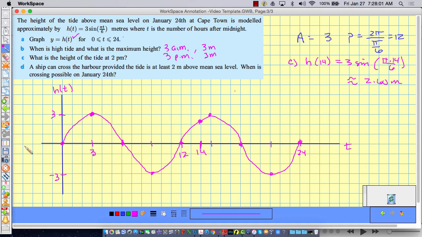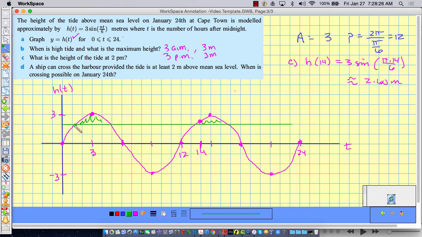Well, that means, let's just draw a quick line. I'll make it green. So at least 2 meters above sea level is when the height is 2. So that's going to be these guys right here. Okay, so let me go ahead and color that in. All of this time here is when the height is above 2 meters.